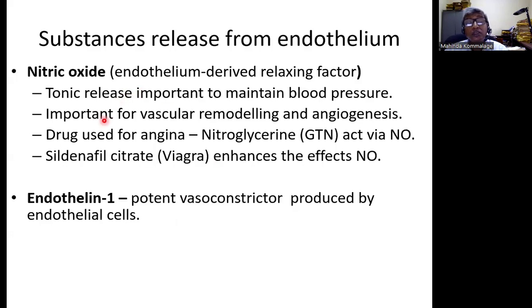Nitric oxide release is constant, continuous release, and clinically it's important when we treat patients with myocardial infarction and maintain good blood flow in the coronary artery. We use drugs called nitroglycerin, GTN, maybe your parents, grandparents might use that. So they will act through the nitric oxide, right?